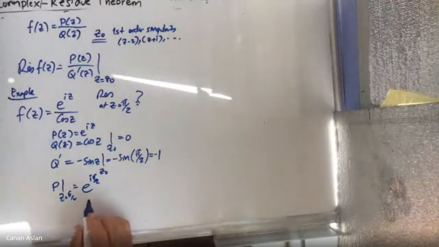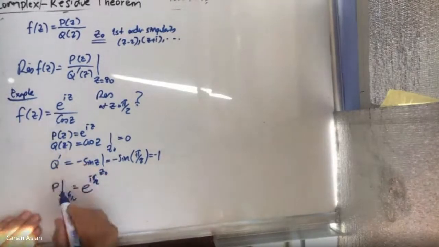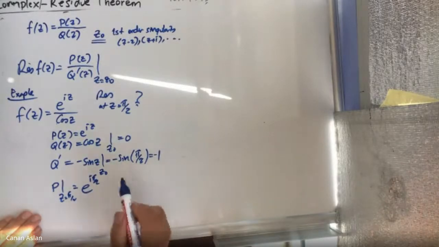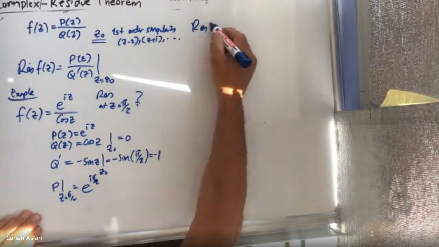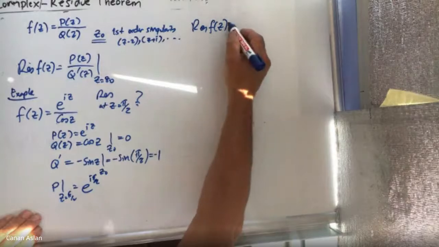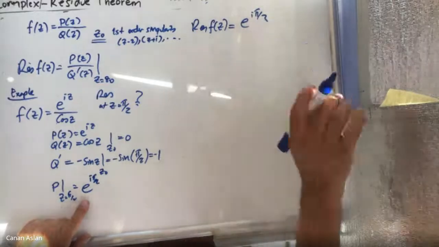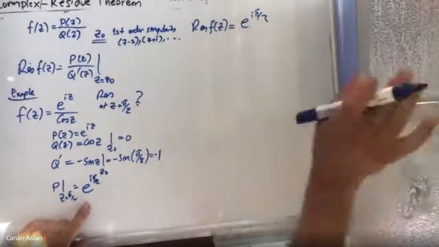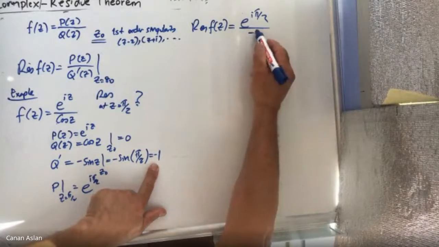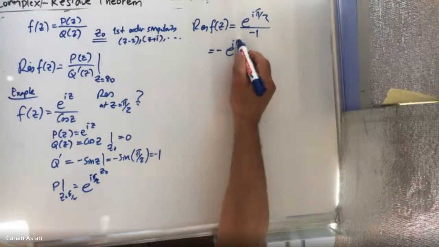We will fix this. Okay. Now, don't forget, we calculated P and Q prime, which is just e to the i pi over 2 divided by minus 1. So the residue of this function at z equals pi over 2 is given as e to the i pi over 2 divided by Q prime at pi over 2, which is just minus 1. So now it is equal to minus e to the i pi over 2.